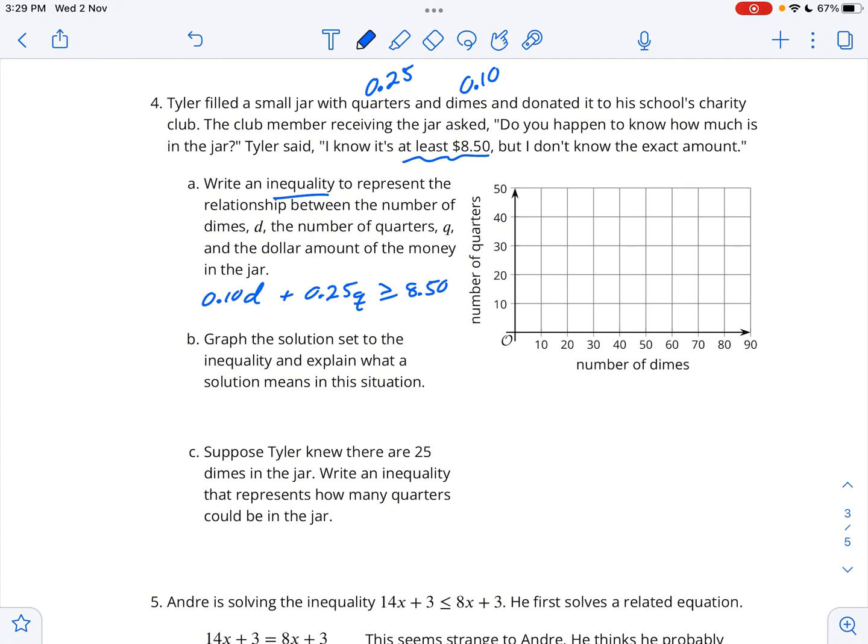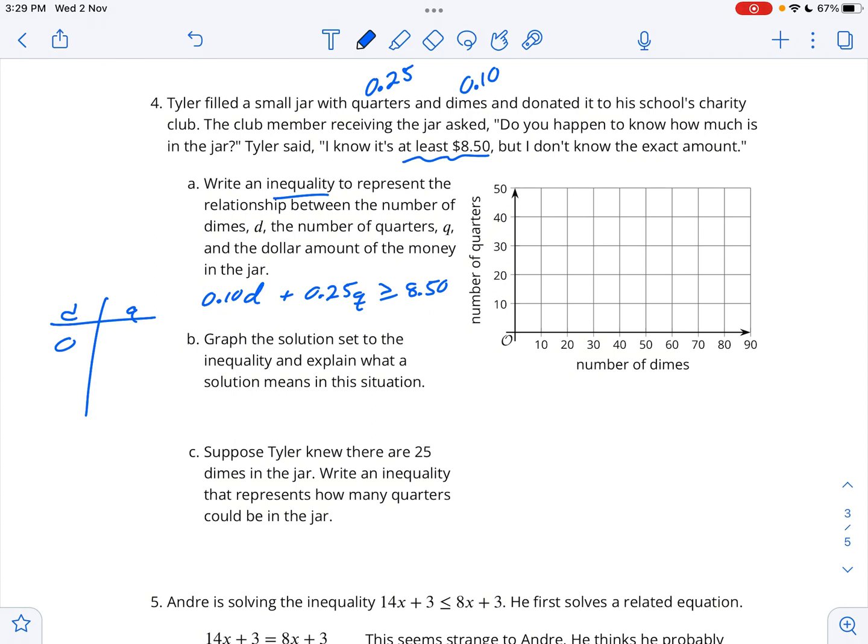B, graph the solution set to that inequality and explain what a solution means in this situation. So we'll start with the graph. Again, I'm going to start with my intercepts. You could put this into slope-intercept form if you wanted to, but I'm just going to go ahead and use the D and the Q. If D is equal to 0, that's essentially going to cancel out that first term, because 0.10 times 0 is 0.